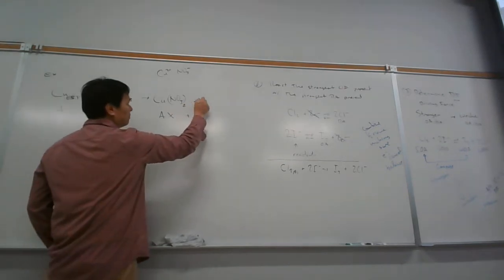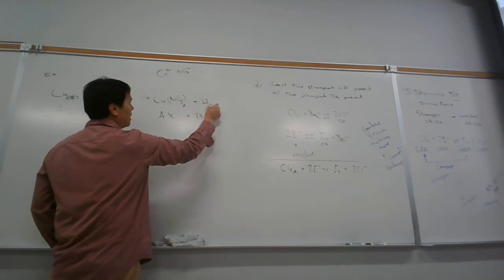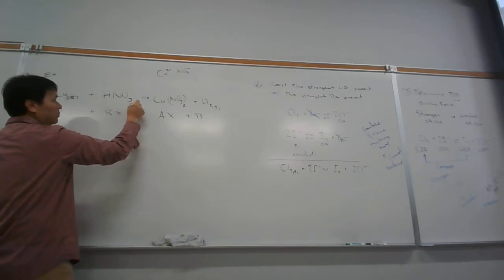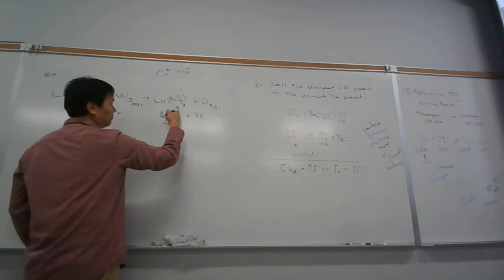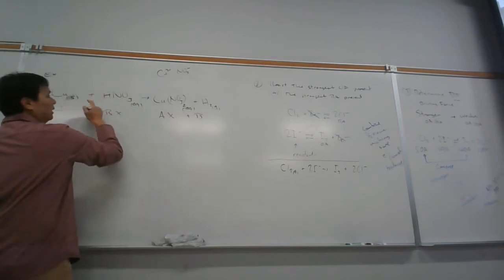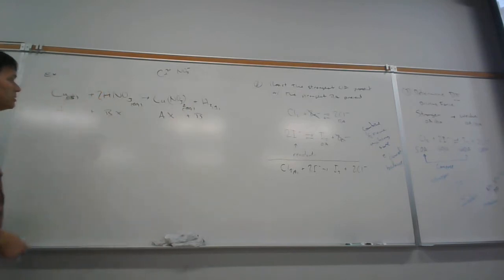H2. That's a gas. Nitric acid, at least the acids you're going to be working with, are going to be aqueous for now. All nitrate salts are aqueous. In balancing, we'll need 2 HNO3s and then it's balanced.